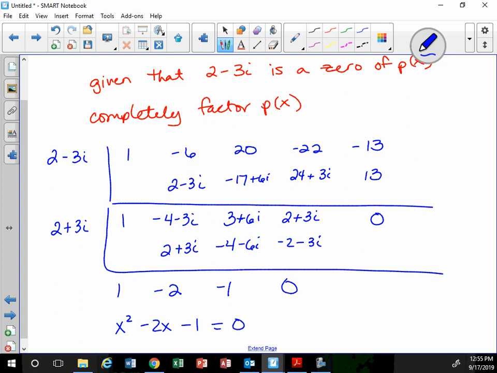Make sure we all get to this x squared minus 2x minus 1. If you're getting lost in your division, let me know.